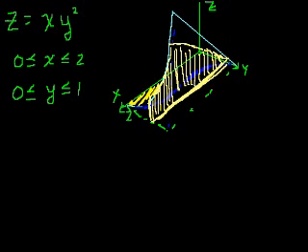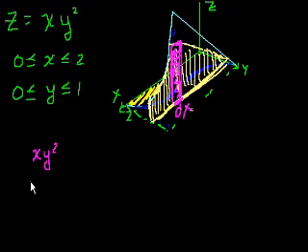So if we have a dx, that's our change in x. And then the height of each of our rectangles is going to be z, which is a function of x and y. So we can take the integral. So the area of each of these is going to be our function, xy squared. I'll do it here because I'll run out of space.